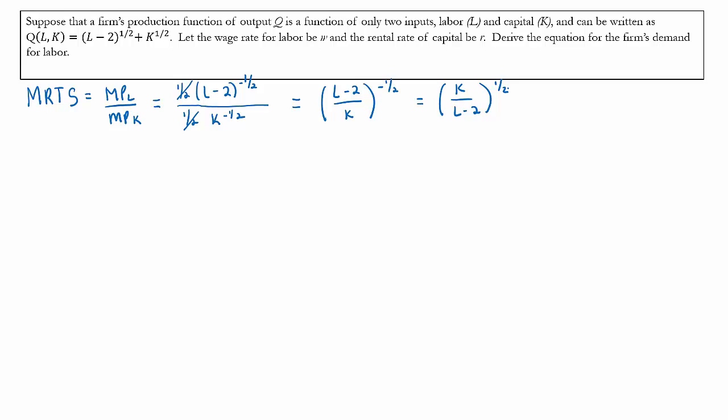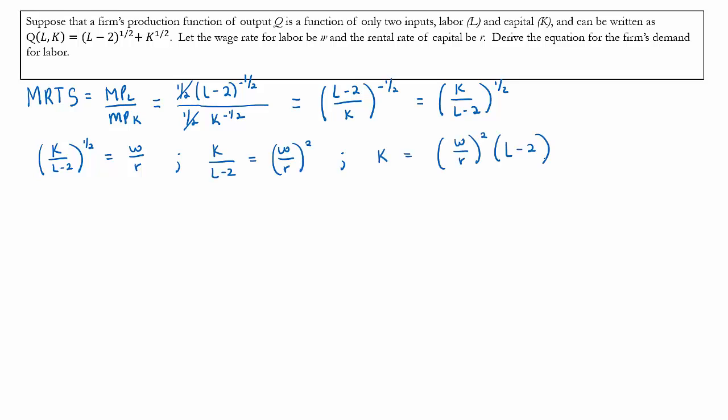The second step is to set the MRTS equal to the slope of the isocost line, which is the ratio of W to R. Now we want to solve for capital. Keep in mind that we're trying to derive the equation for labor demand, so we first need to solve for capital.